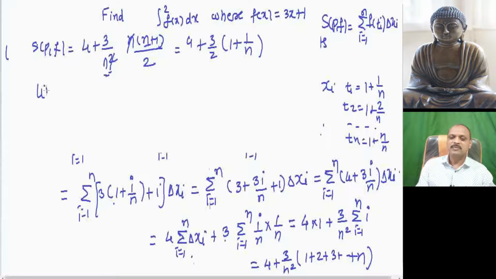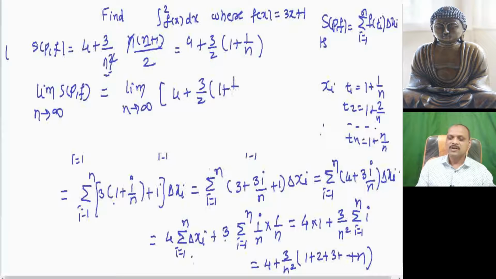Let us take the limit of this Riemann sum as mu of p tends to 0, that is, n tends to infinity. So the limit as n tends to infinity of 4 plus 3 divided by 2 into 1 plus 1 by n equals 4 plus 3 divided by 2 into 1 plus 0, since 1 by n tends to 0.